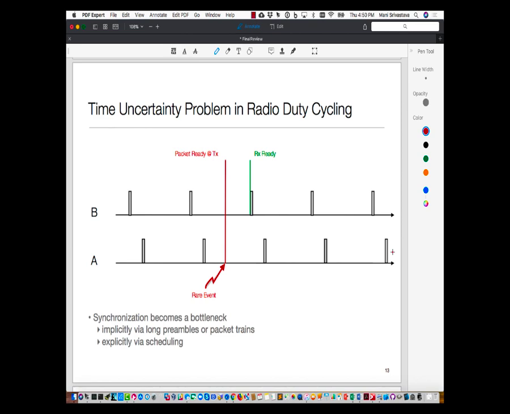There are a few different ways that we approached this. One was to make sure that they wake up simultaneously, because if radio wake ups were time aligned, then all A has to do is wait until the next episode when the radio is going to be up, and then transmit, because it knows that the other party will also be up.